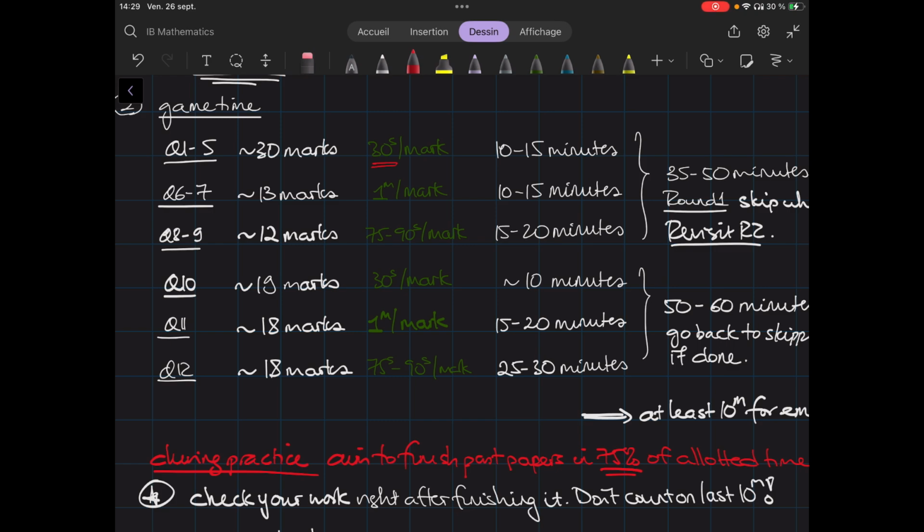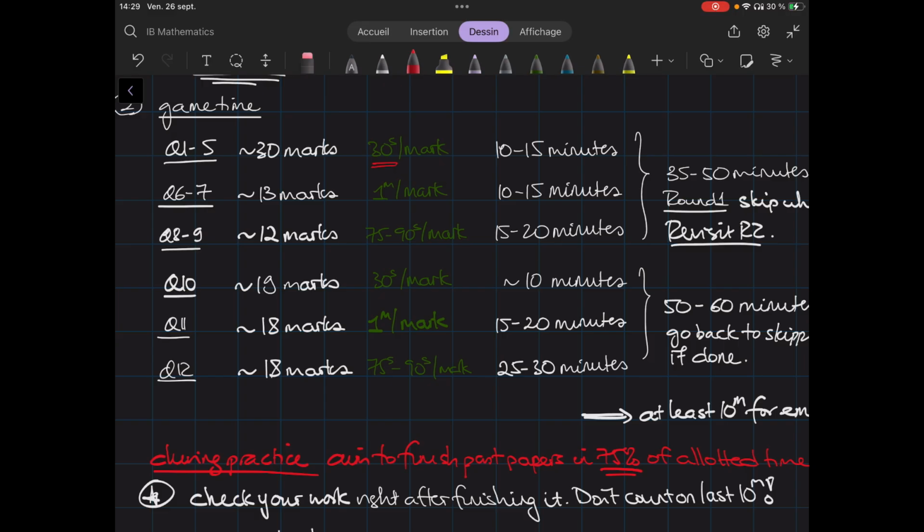The goal of this is to accumulate as much time as possible so that you can focus on the grade 7 stuff. TLDR, you should spend about 10 to 15 minutes on the first 5 questions of the paper.